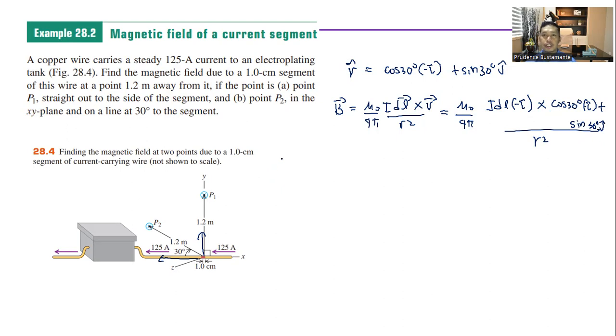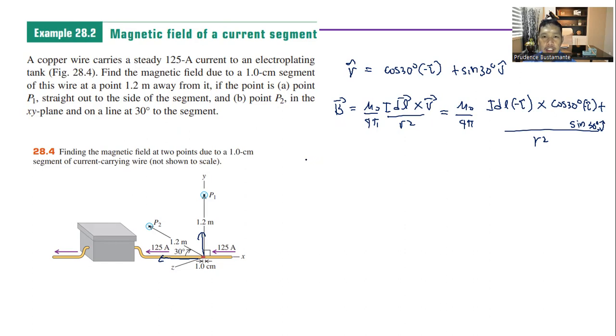If you use the right hand rule, negative i cross negative i would become 0, and negative i cross j is just negative k. Okay, that would answer.